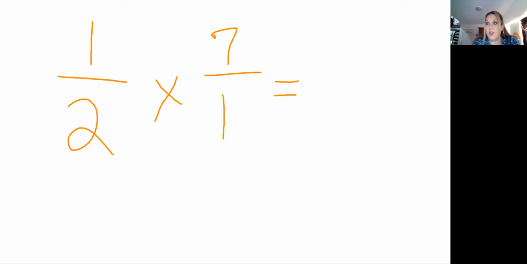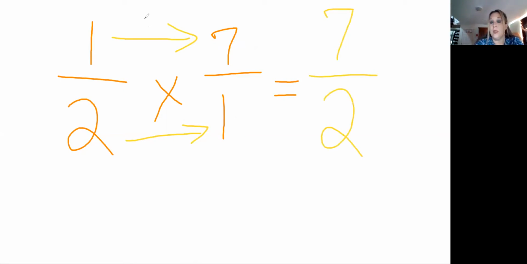I'm just trying to keep the video under 20 minutes. So I'm going to keep moving. Whenever I'm multiplying fractions, I just multiply straight across. So 1 times 7 is 7, and 2 times 1 is 2. Now, of course, I don't want to leave it as 7 over 2, because that is an improper fraction. But I'm not going to worry about that right now because I want to keep moving on.